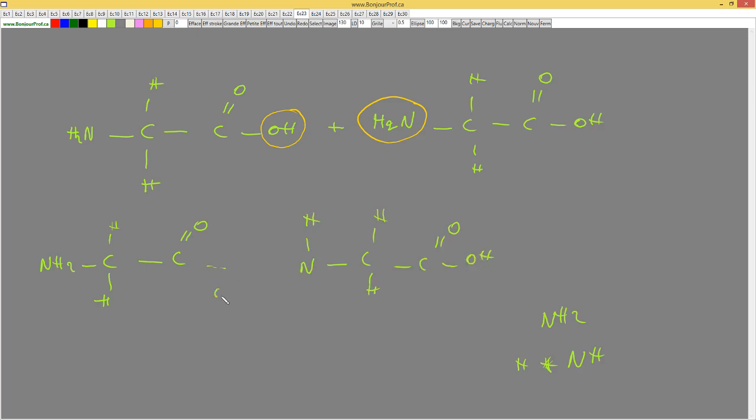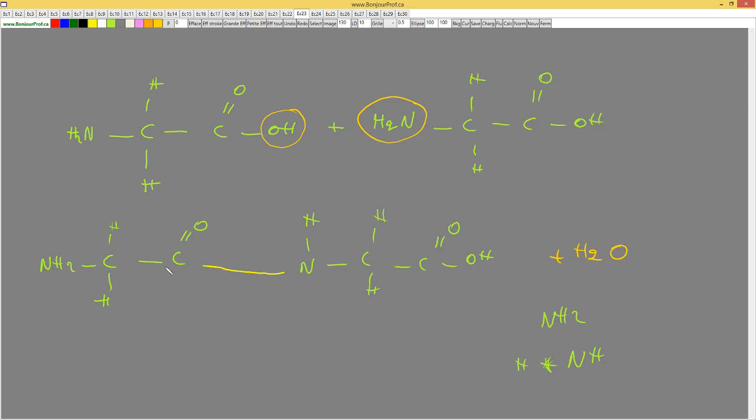And here I had the OH, that will be the one that will be expelled. I have an OH and I have an H here. This one will go to form water. And what will happen? These ones will bond. This carbon will bond directly to the amine.